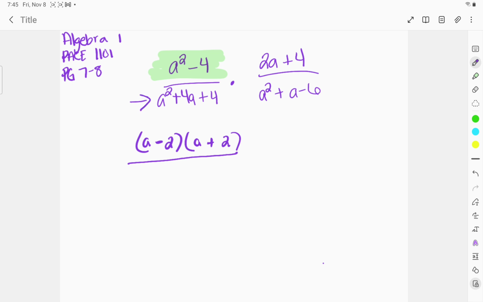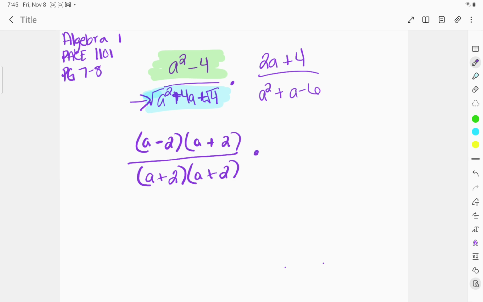So here you should realize that this denominator is a perfect square trinomial because a squared is a perfect square and 4 is a perfect square. So my signs are positive. The square root of a squared is a. The square root of 4 is 2.